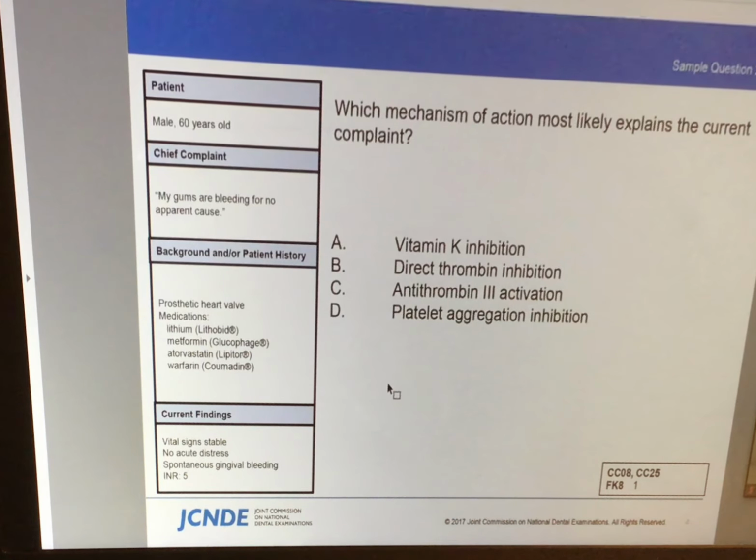So, for example, this question, it's allowed, you can go to Google in case you don't know what warfarin is, right? And then you're going to say, oh, vitamin K inhibitor, and that's the answer. And it's okay.